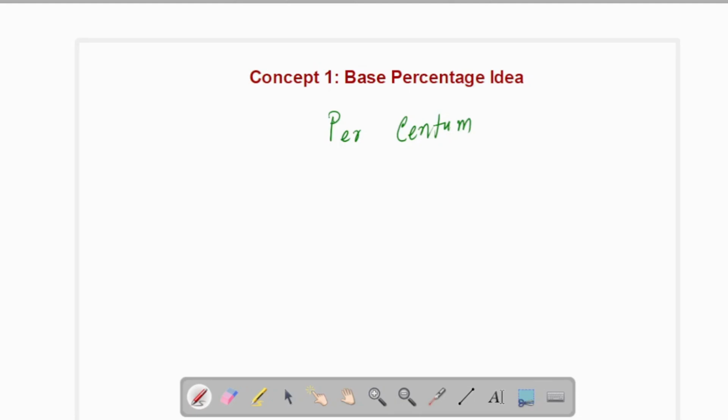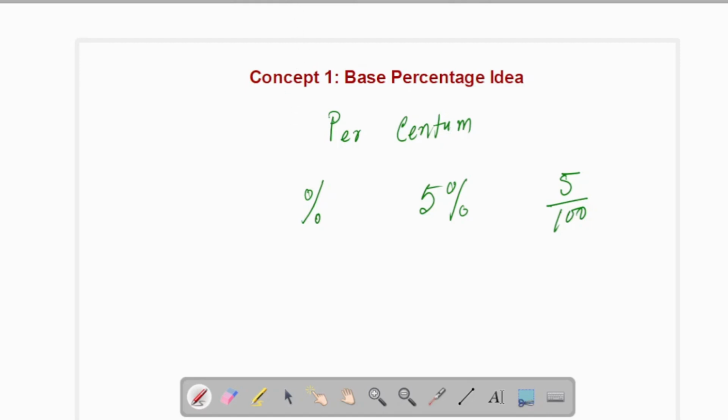So a percentage is a fraction with denominator 100 and it is always denoted by the percentage symbol. The numerator of the fraction is called the rate percent. Suppose I give you 5%, that means 5 divided by 100. So out of 100, 5 is the value. The value of a percentage always depends on the quantity to which it refers.